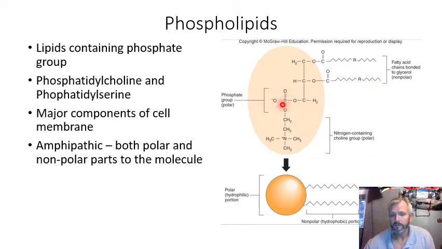And then your phosphate group. This makes this molecule amphipathic, meaning there is both a polar head to the molecule, and then there is a nonpolar side. The fatty acid chains are nonpolar. So it has both a nonpolar characteristic and a polar characteristic.